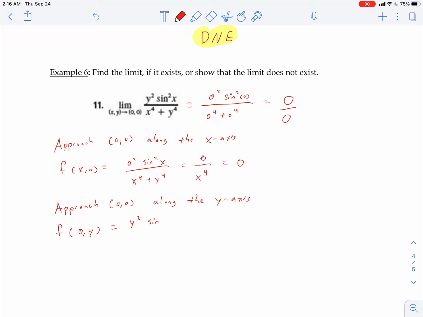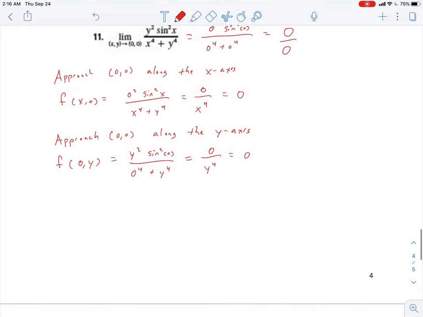And so then I have y squared sine squared 0 over 0 to the 4th plus y to the 4th. When I do this, the numerator's sine of 0 is 0, so it's just 0 over y to the 4th, which is 0.